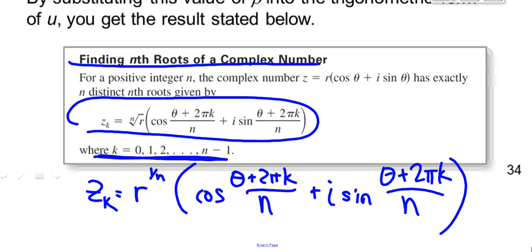So that modulus is going to the root, which is not super earth-shattering. And then the angle, when we were taking it to a power, we multiplied by n. Now we're dividing by n, but we have that little extra trickiness that we have to think about these revolutions and spins as we go.